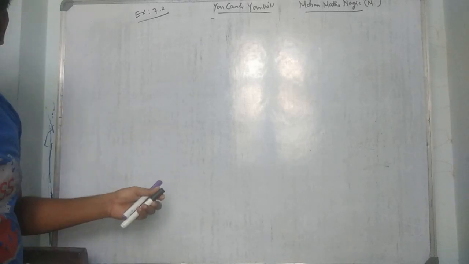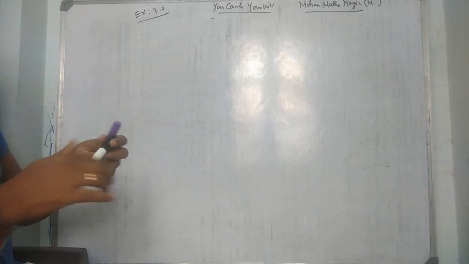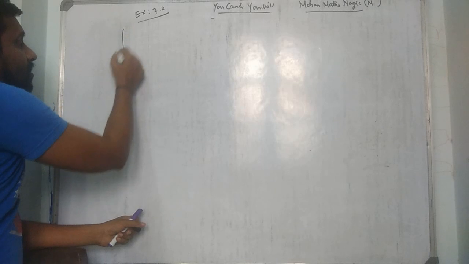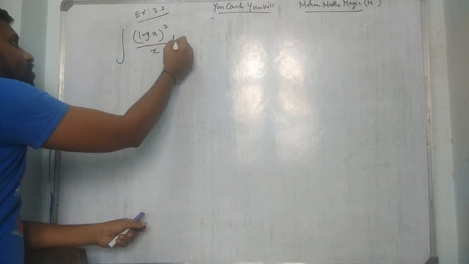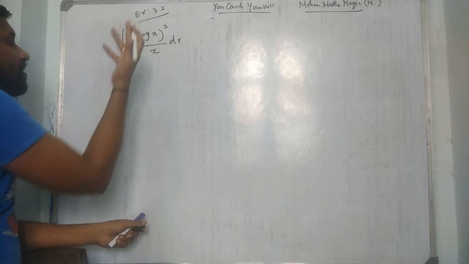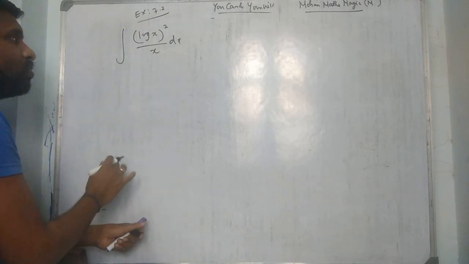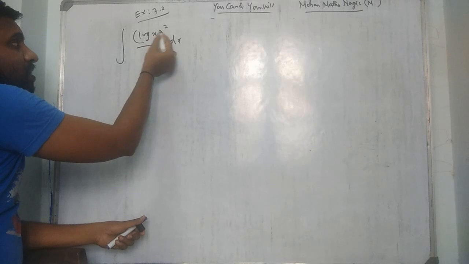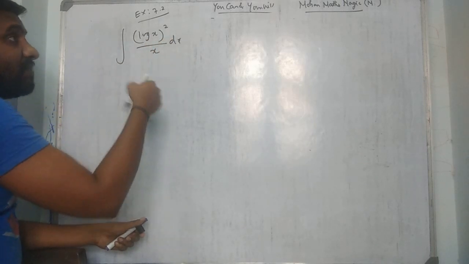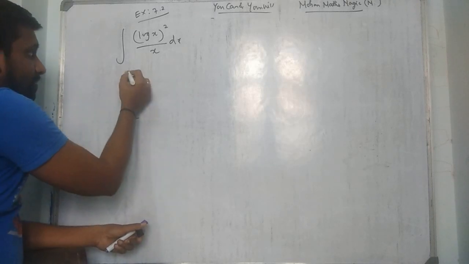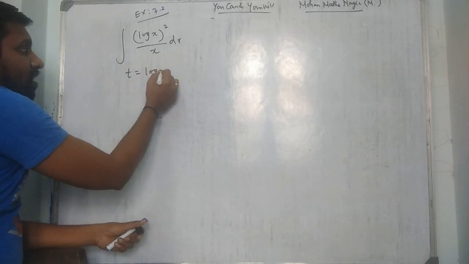Second sum, that is integration log x whole square upon x. If differentiating the denominator gives no numerator, go with substitution. Which one? Log x differentiated gives 1 by x, x differentiated gives 1. So let t equal to log x.